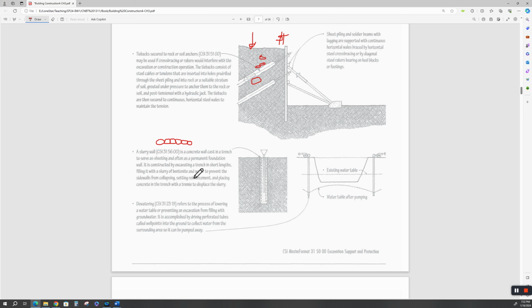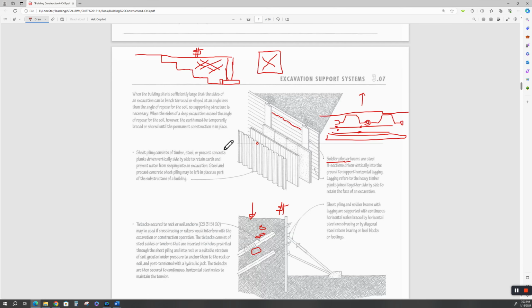Okay. Here's a term: slurry of bentonite in water to prevent the sidewalls from collapsing. Okay. They use bentonite, if I'm not mistaken, in the slurry walls for the World Trade Center years and years and years ago. Okay. Bentonite seals against water. But down here you'll see a lot of these walls made out of the sheet piling.